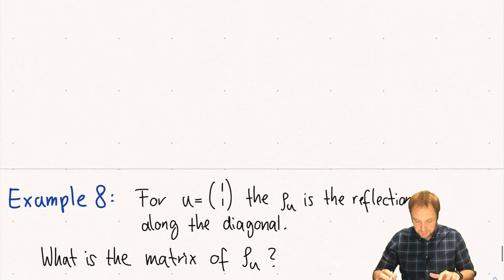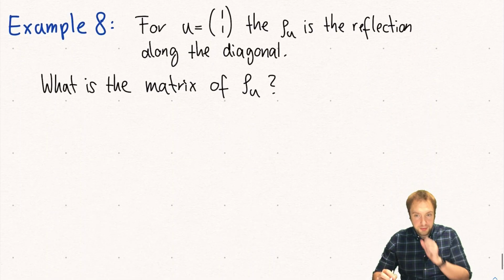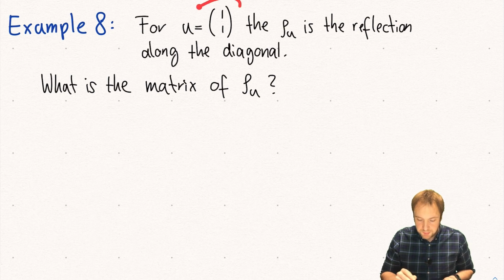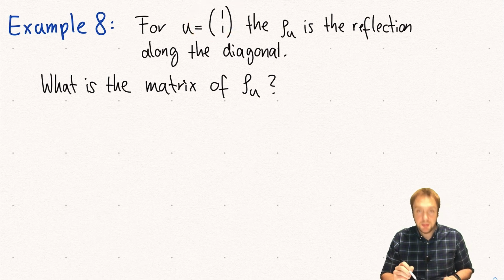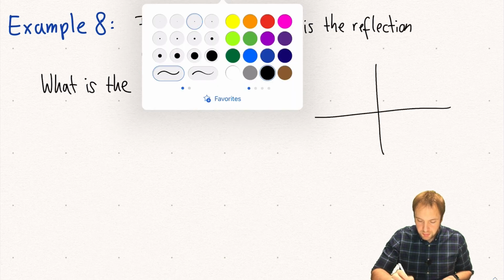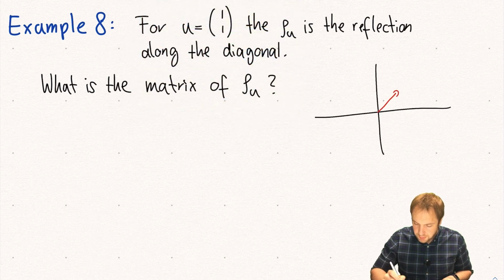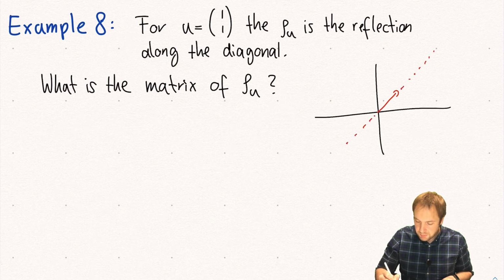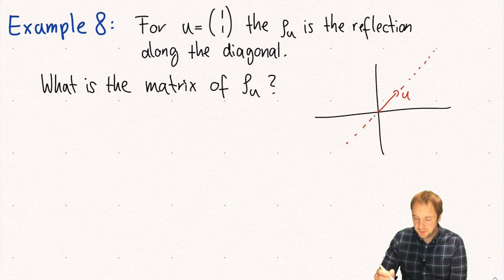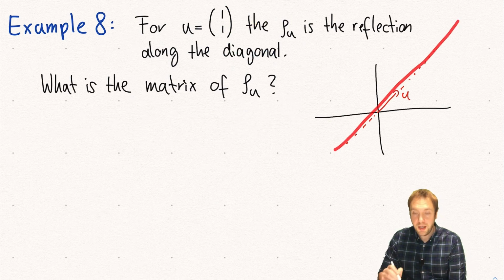Okay, so let's do an example. Let's take again the diagonal. So here we have again u on the diagonal, (1, 1). And here we have the line spanned by u. And now we want to consider the reflection along this diagonal.